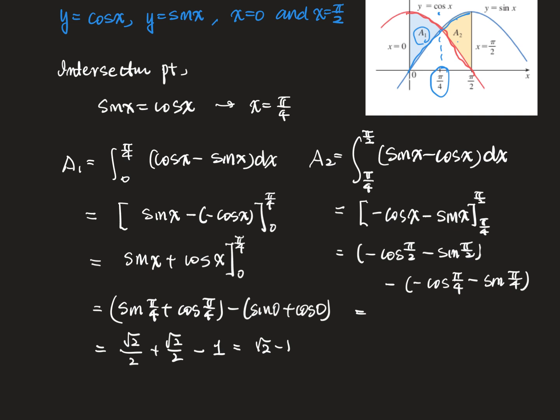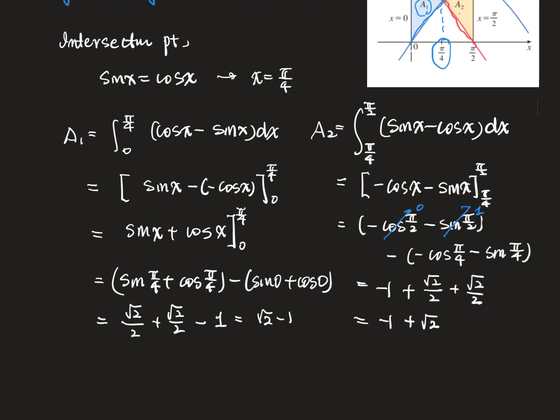So cosine pi over 2 is 0, and sine pi over 2 is 1. So negative 1, plus square root 2 over 2 plus square root 2 over 2. This is negative 1 plus square root 2.